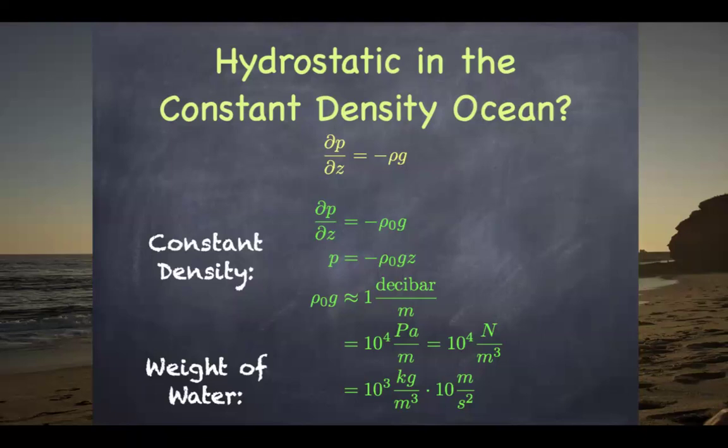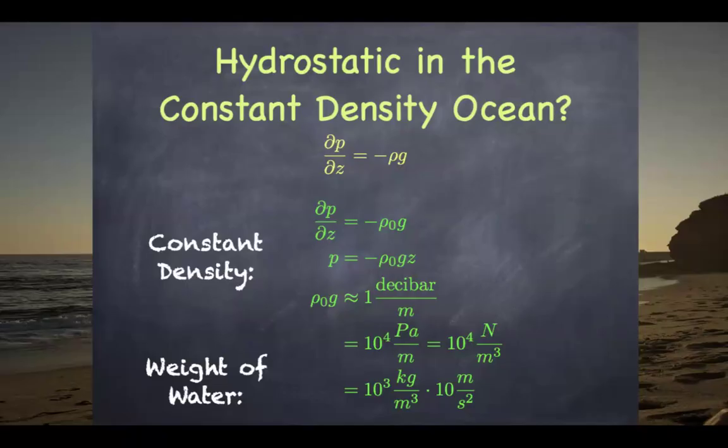It gets interesting because instead of a density that's proportional to pressure, for seawater, the density is pretty much constant. We already talked about the fact that in an ocean, the variations of salinity and temperature don't change the density that much, right?